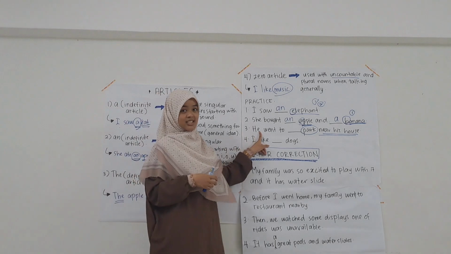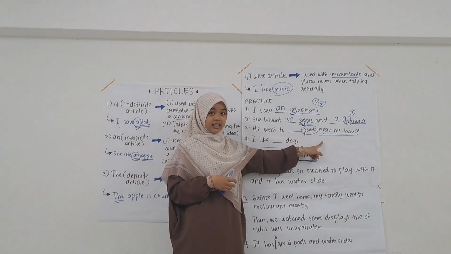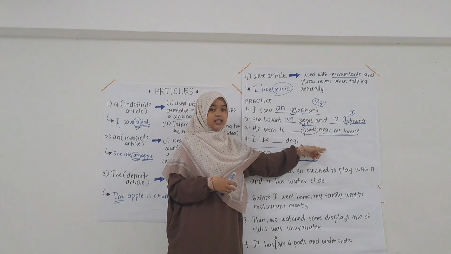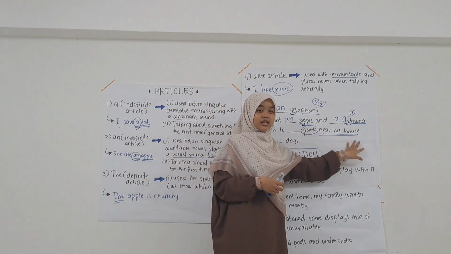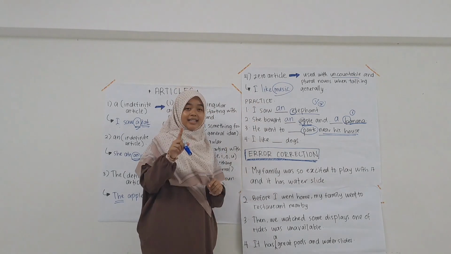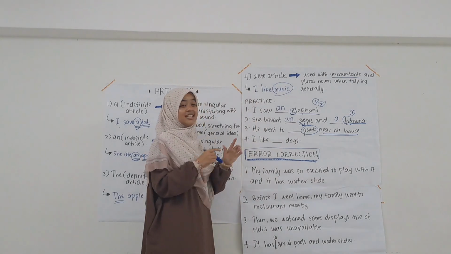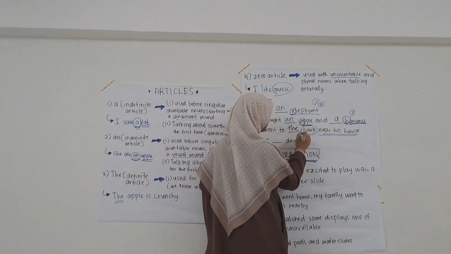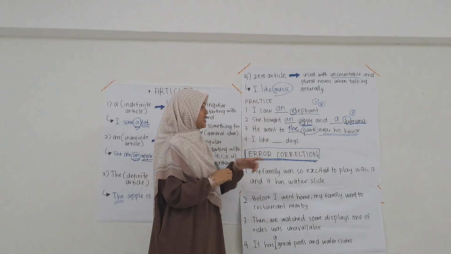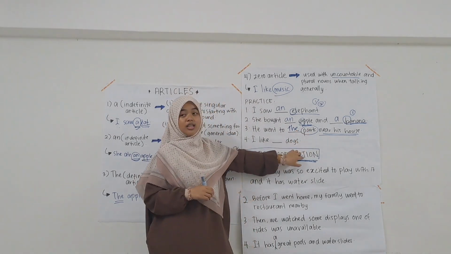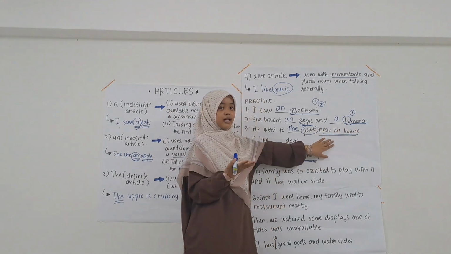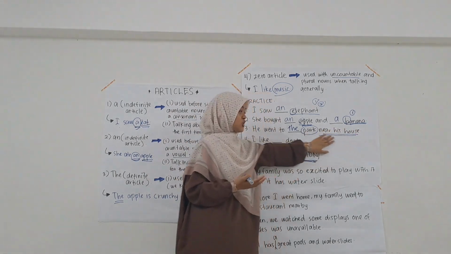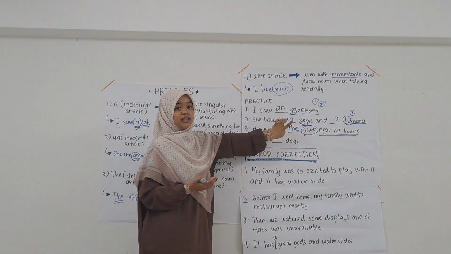So in this sentence, we know which park that he is going. So he is going to the park near his house. So the correct article that you should use in this sentence would be the. Okay, the definite article the, because again, it's a noun, park, that we already know which park. The park near his house. So you have to use the article the.